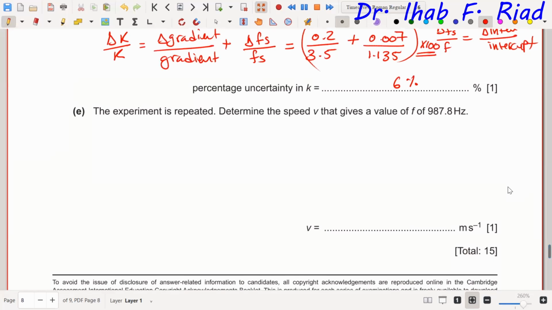So he's telling us the experiment is repeated. Determine the speed v that gives a value of so and so. So we go back to the equation. F is equal to Fs K divided by K minus V. We would like to make V the subject of the equation. How do we do that?